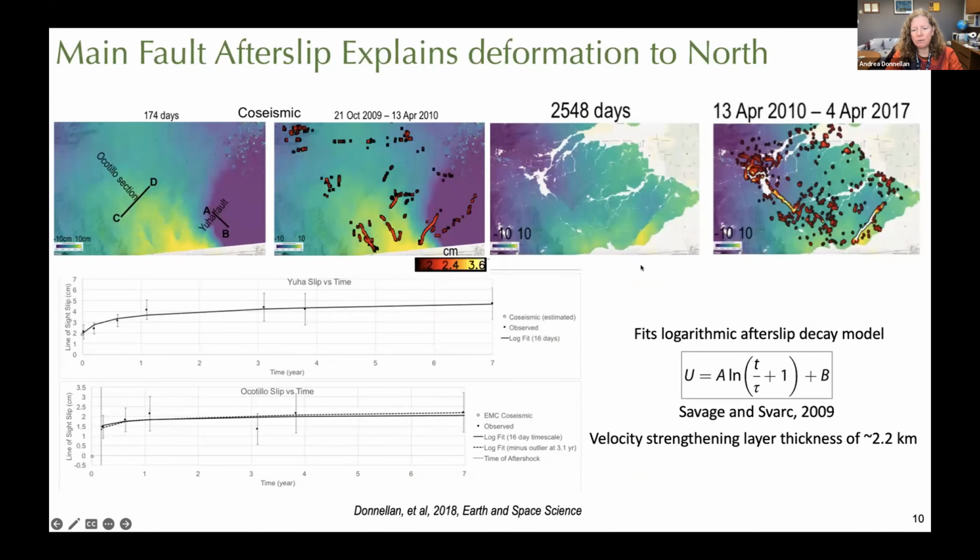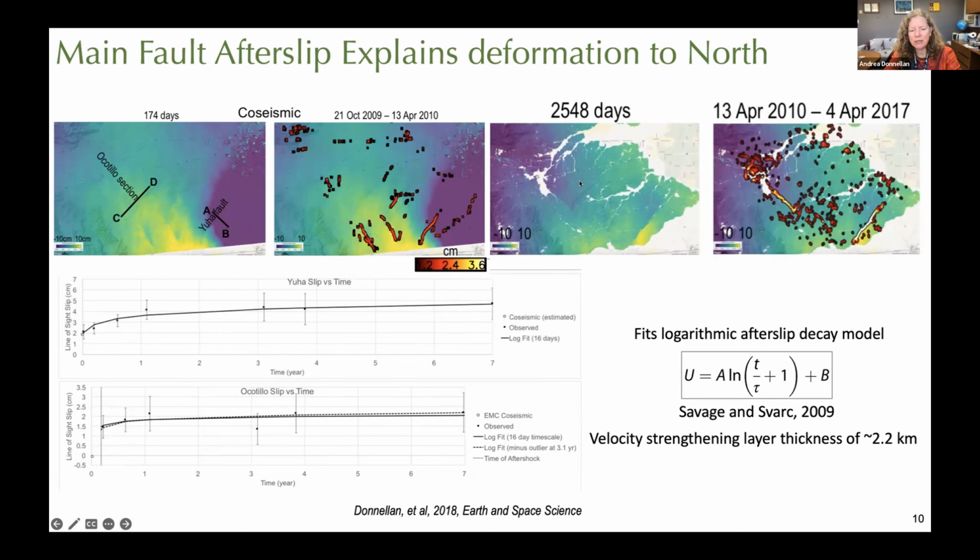What I was looking for when we started this study was transfer of slip from the El Mayor-Cucapah earthquake up to the Elsinore Fault, the southern end of the Elsinore Fault. But this connecting area that's about 15 kilometers long just dissipated all of the stress instead. So you can see these fractures here on the Yuha Fault and in the Ocotillo section of the fault.